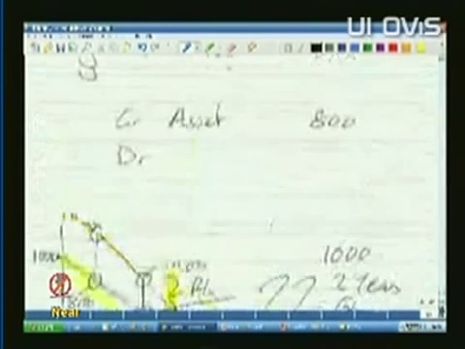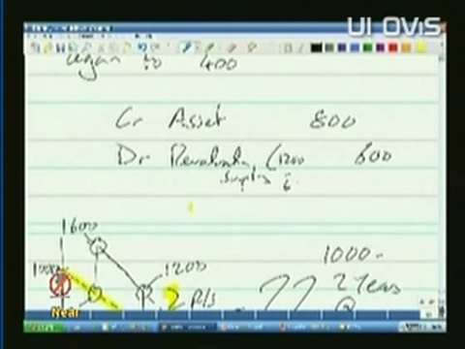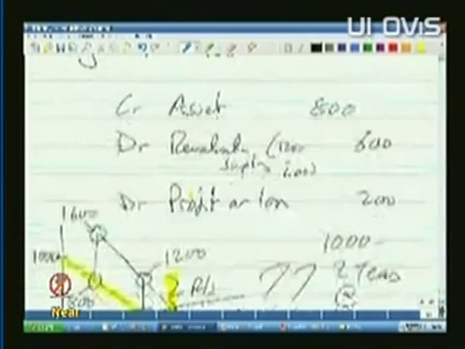So in double entry terms, we know that debit the revaluation surplus with 600, debit profit or loss with the remaining 200. And we know all of that because of the graph. Okay, by drawing a little picture, it helps us understand what numbers we need to calculate.